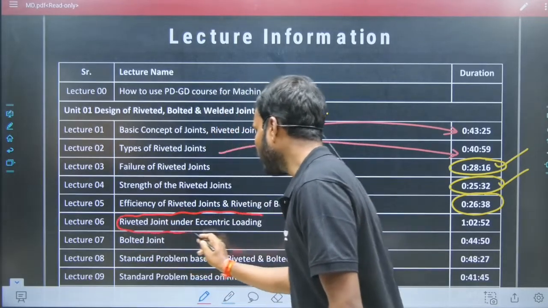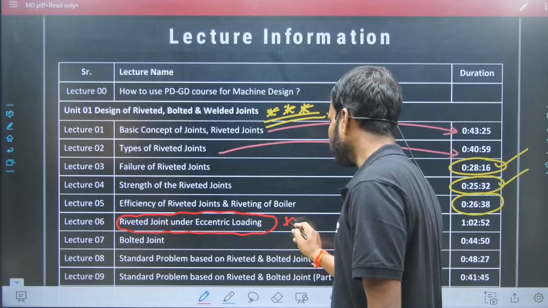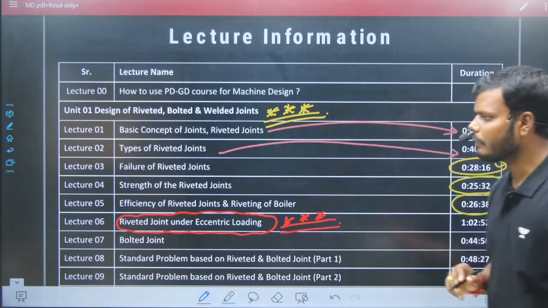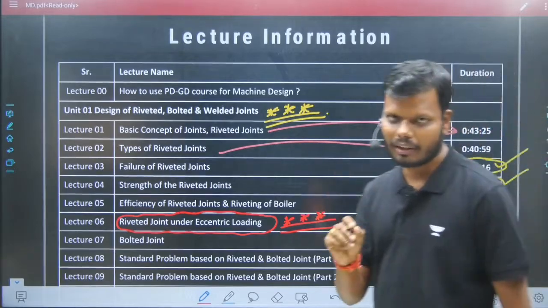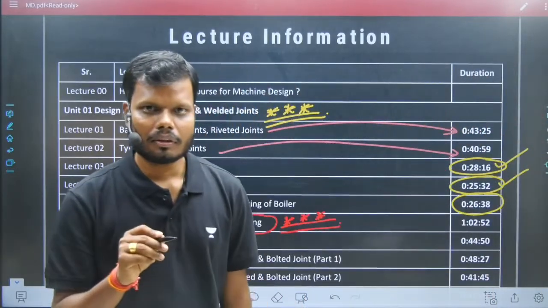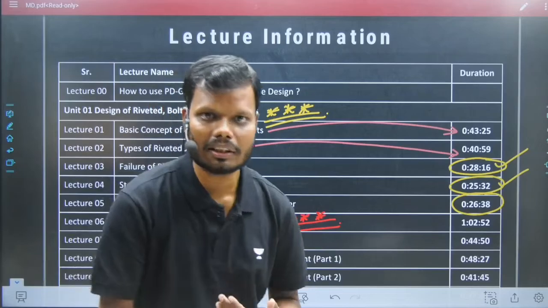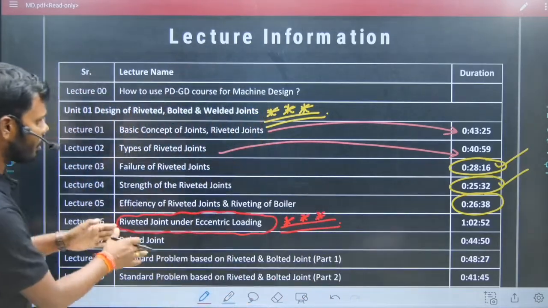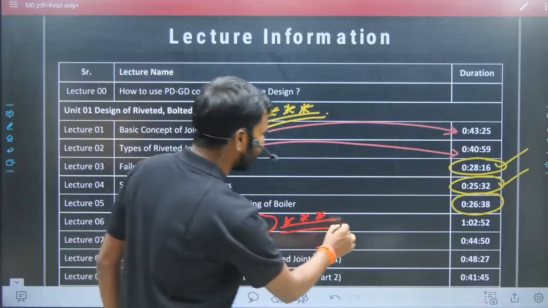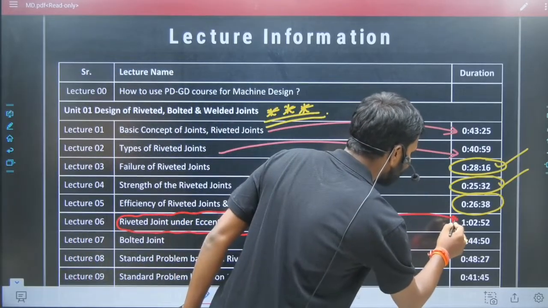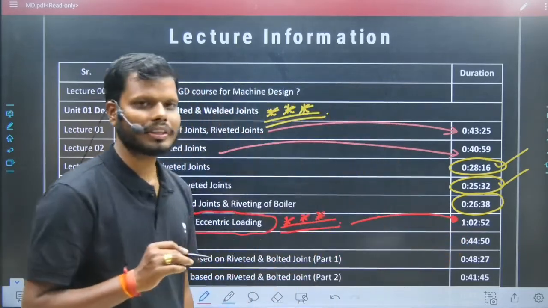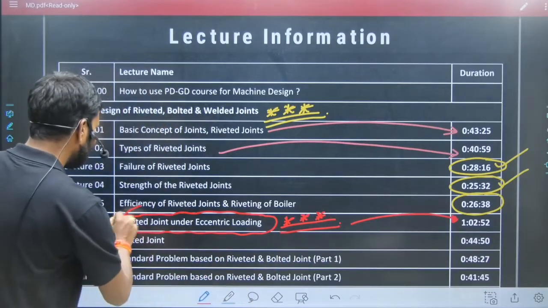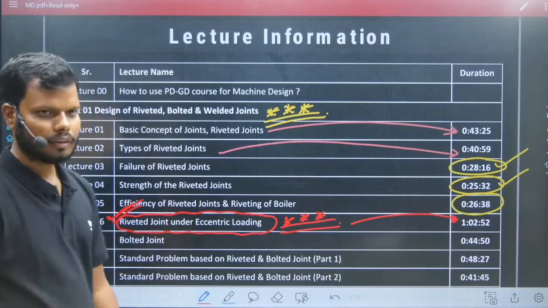In the GATE examination, riveted joint under eccentric loading problems are asked every year, and in many more examinations. These concepts will be covered in 1 hour 2 minutes 52 seconds. See carefully, and don't miss this topic for the GATE examination.